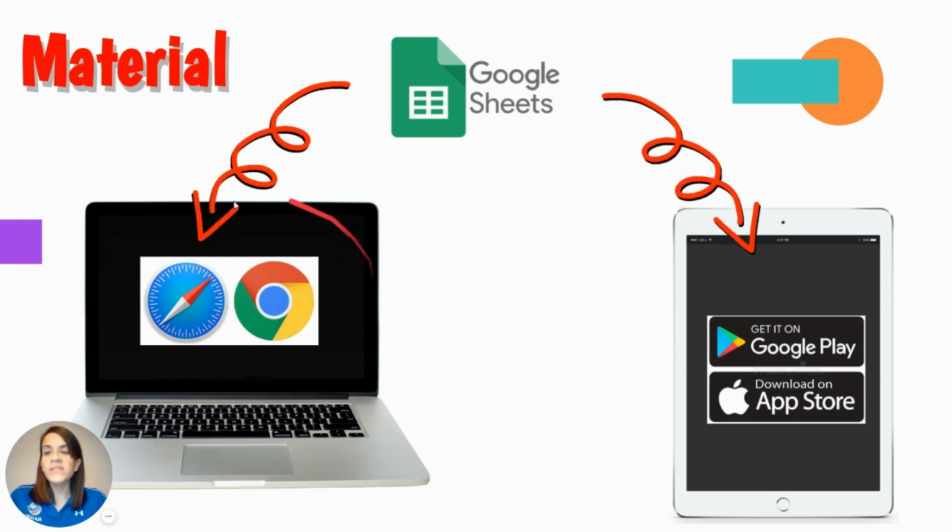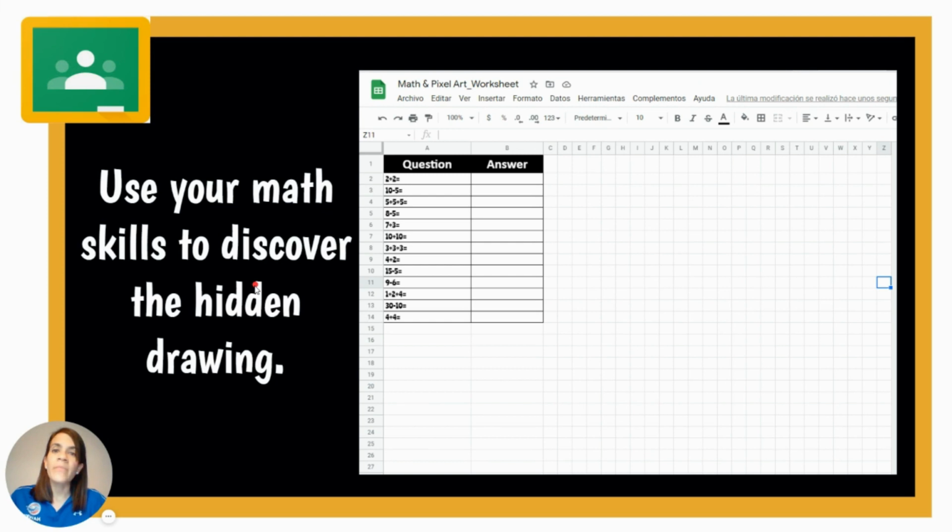You can open up the Google Sheets worksheet in Safari or Google Chrome. And what are you going to do? Well, you're going to use your math skills to discover a hidden drawing. So in this section here, there's a pixel art drawing and you need to find out. And how are you going to do that? Well, by answering the additions and subtractions that you have here.